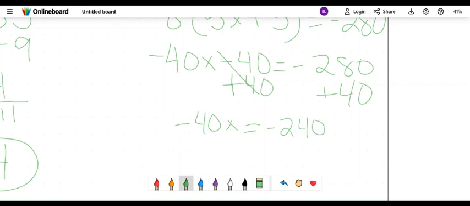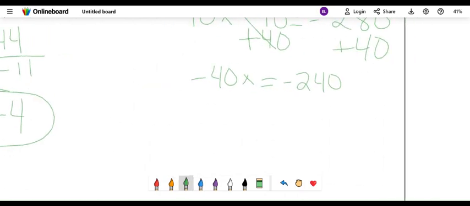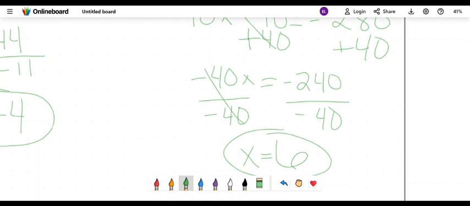Now we isolate the variable by dividing both sides by negative 40, so we're left with the variable x. Negative 240 divided by negative 40 is 6. x equals 6 is your answer.